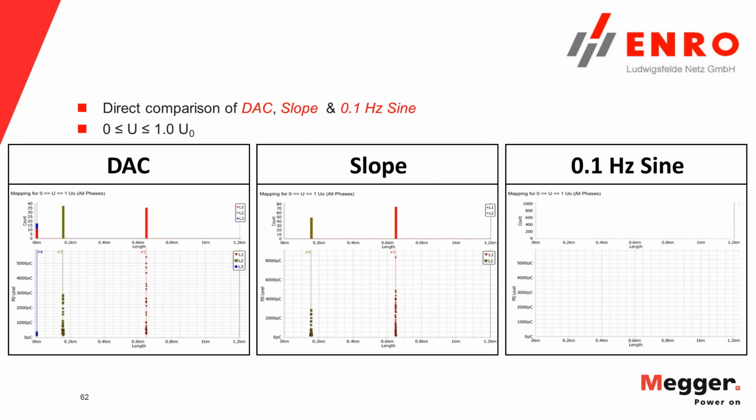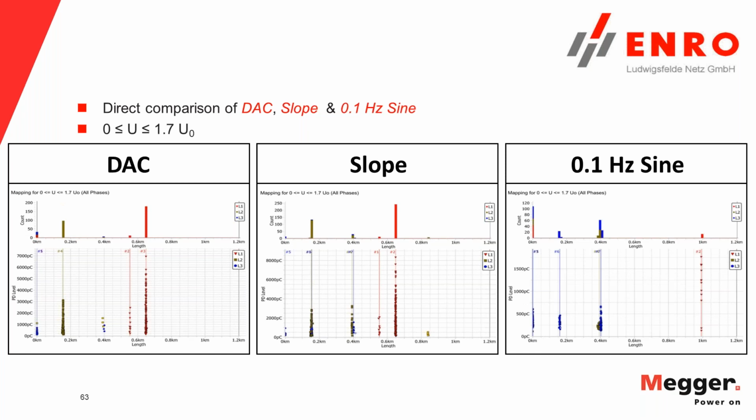Up to U0, you get the results with damped AC and with slope, and you can see they are very similar to what the contractor measured. And the sinusoidal was quiet, nothing there. Then you go up to 1.7 and you see a whole lot more coming out of that XLPE cable. Now, sinusoidal is measuring something as well, but look at the count up there, look at the histogram.